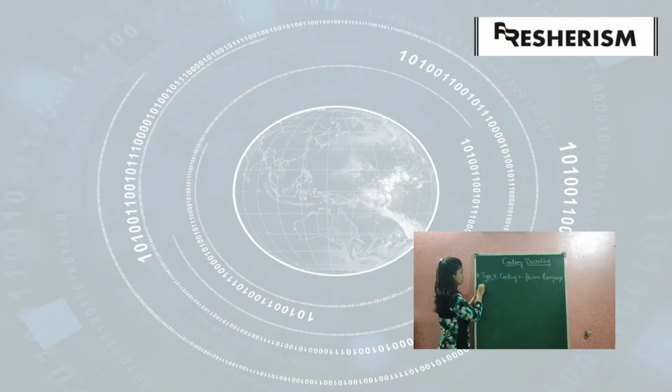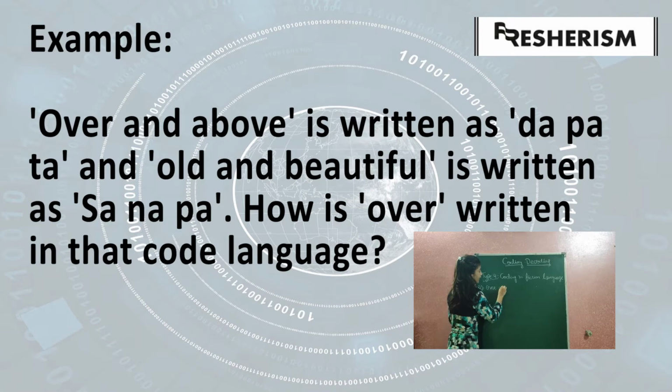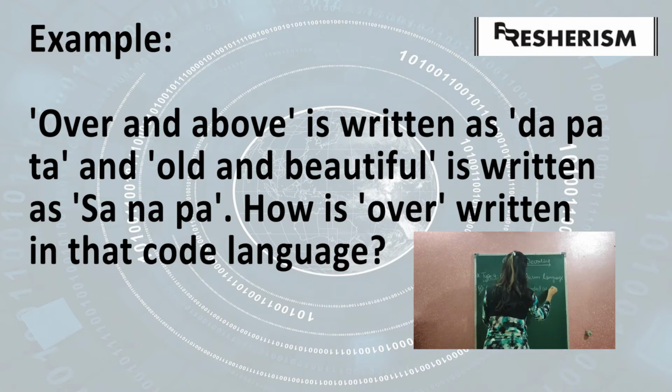So the question is, over and above is coded as DAPATA.